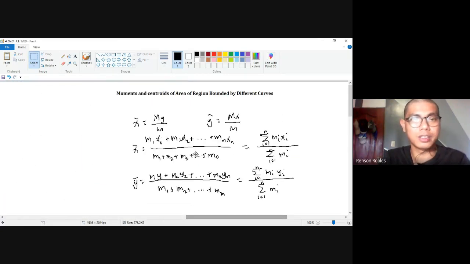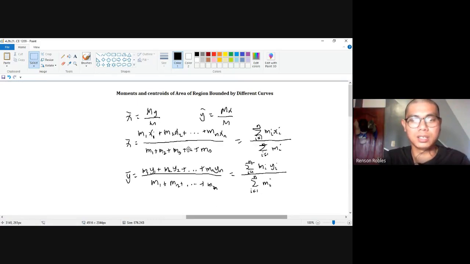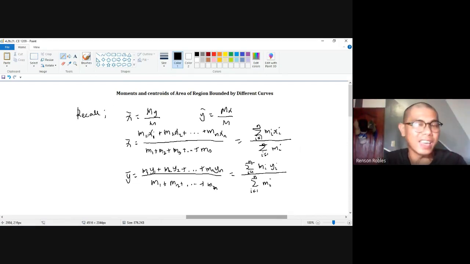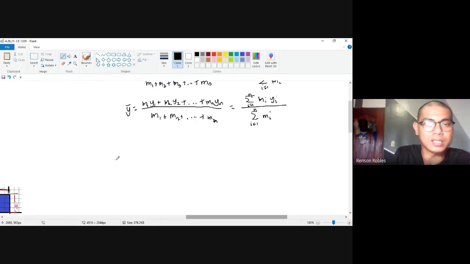Okay, you recall this. Then from here, we're now going to replace this by A. Okay, bar x. This now is the four areas. Bar x is equal to A1 bar x1 plus A2 bar x2, up to AN bar xn, divided by A1 plus A2 plus running until AN.